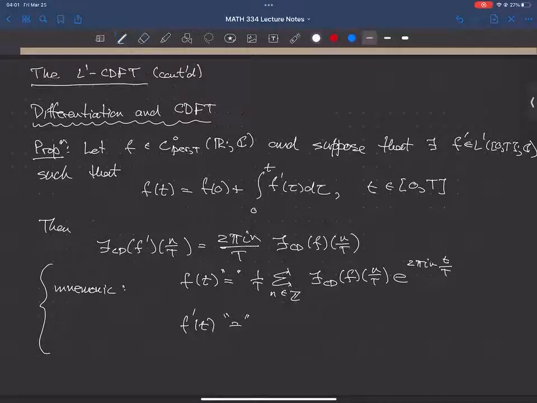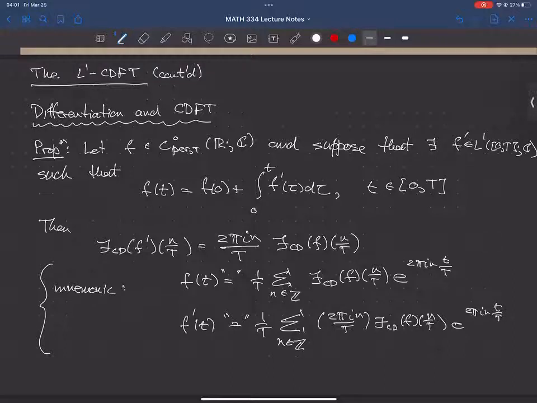So it's a 1 over T sum, n in Z, 2 pi i n over T, CDFT of f at n, times e to the 2 pi i n t over T.